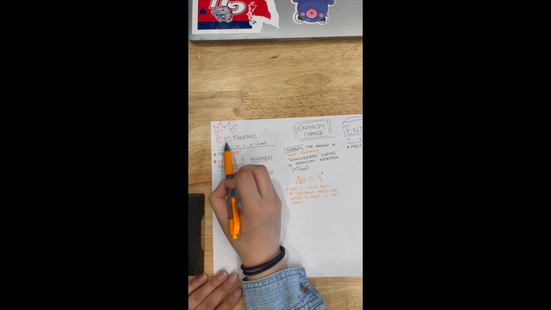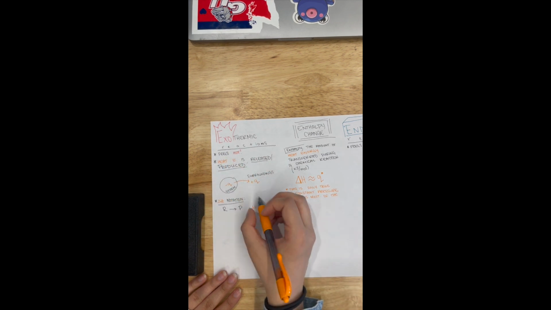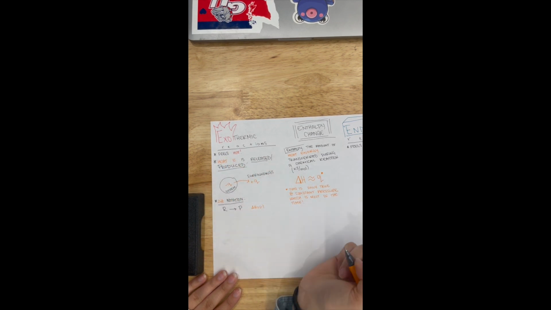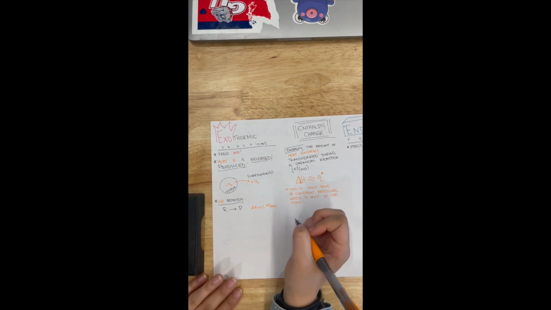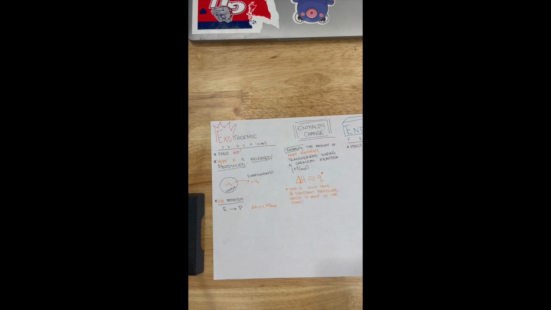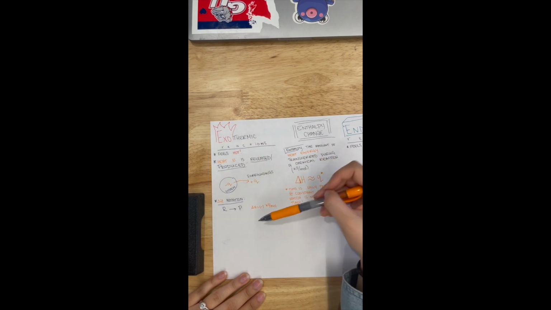Now, for an exothermic reaction, since we're negative, this value should also be negative. This is like one of the hardest things for students to understand because they're like, you're creating heat. Why is it negative? Delta H values for exothermic things are negative.